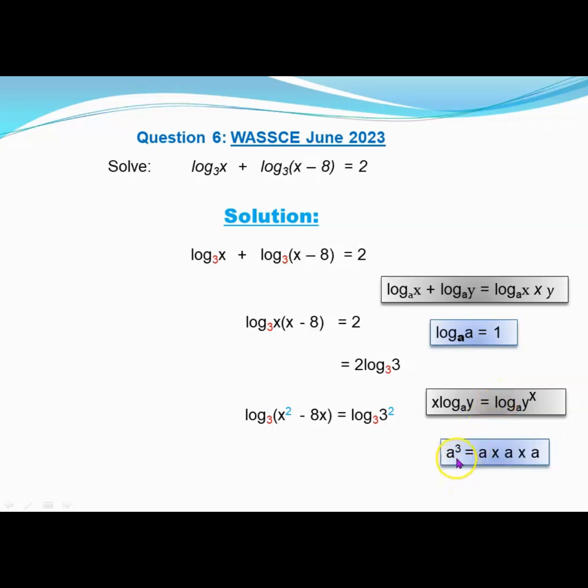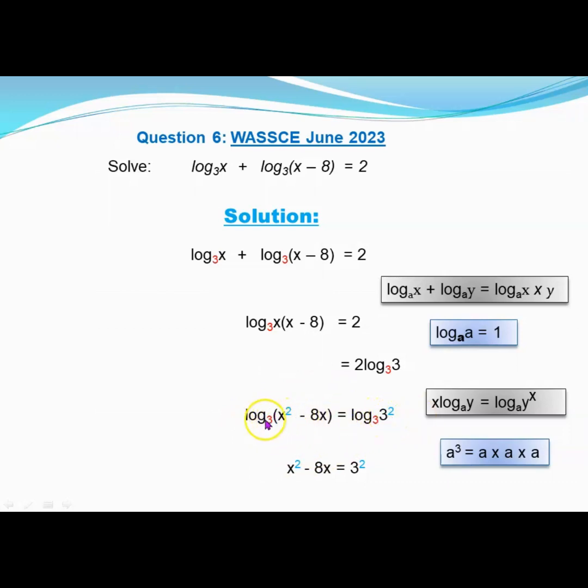Now you equally remember if we have a to the power of 3, then a should multiply itself 3 times, right? That's why I have a times a times a. Now let's apply it to this 3 to the power of 2, right? Now, one thing that needs to come to your mind is that if the bases are equal, then the logs are equal as well.